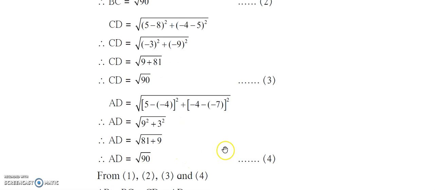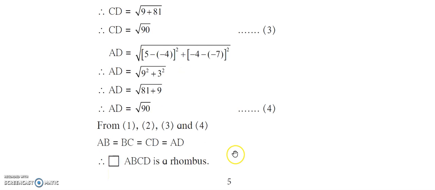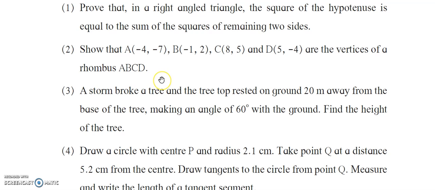Again you are getting root of 90. AD is equal to root of 90. And if you see, from 1, 2, 3, 4, AB is equal to BC is equal to CD is equal to AD. Therefore, quadrilateral ABCD is a rhombus. All the sides of the rhombus are congruent. By using this property, we have proved that the given vertices are the vertices of the rhombus.